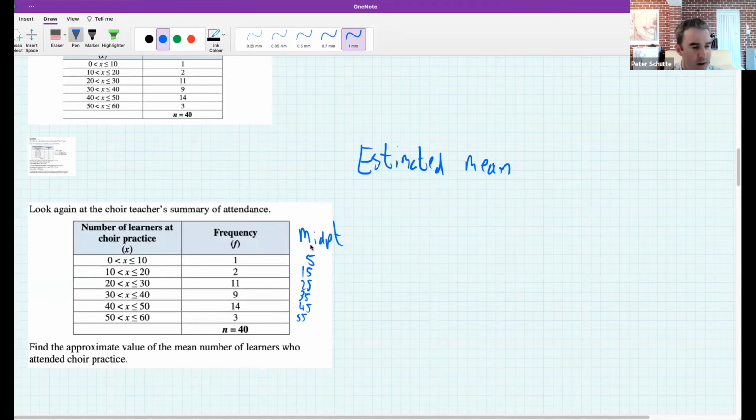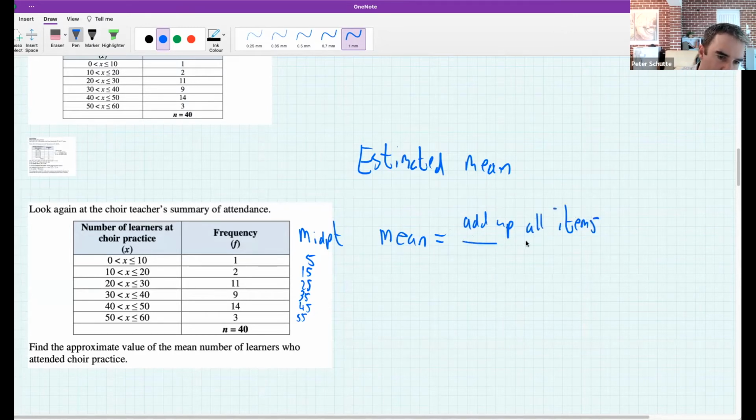Okay, so if we want to calculate the mean, with the mean we always add up all items, and then we divide by the number of items. Now, in our data set, we know that we have 40 because that's the total of the frequency.